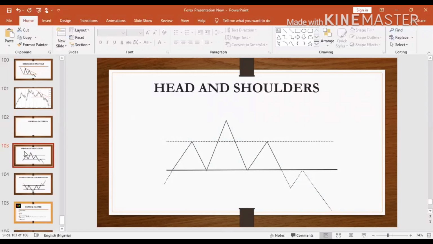It indicates the end of that uptrend. It shows that sellers are now coming to the market and you're going to have a bearish run, a seller's market. So let me explain how this forms and how you can trade with this pattern.